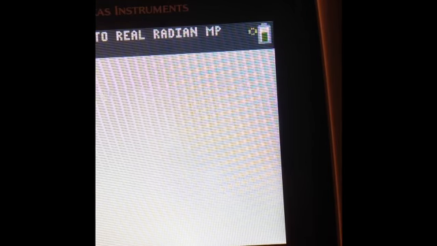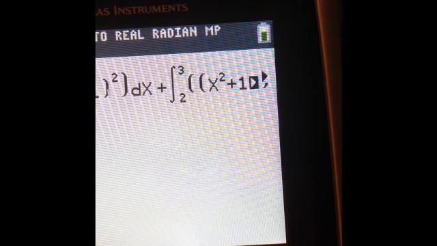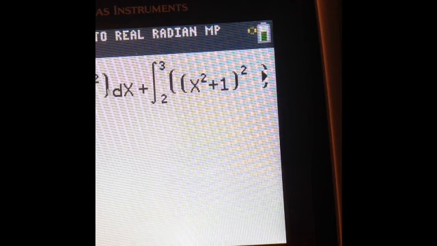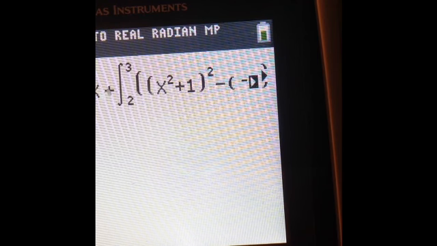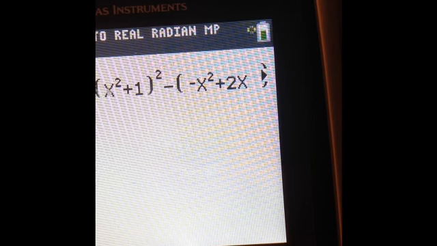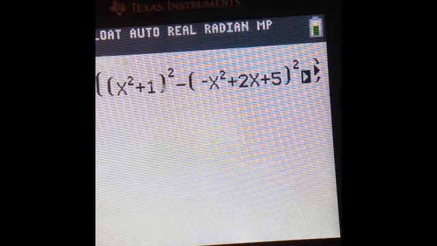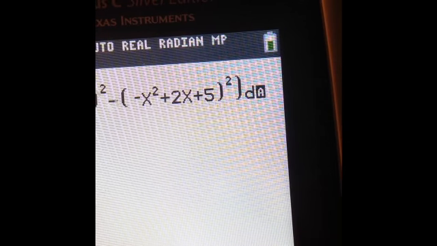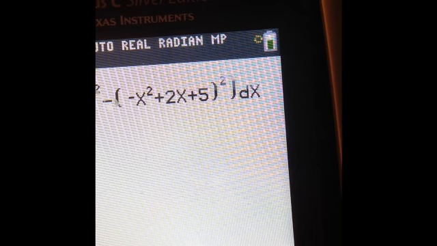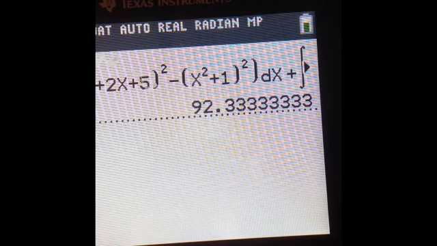And now we're going to do parentheses, x squared plus 1, squared, minus negative x squared plus 2x plus 5, close it off and square it. Make sure I typed it right. dx, hit enter, and you get 92.333 pi.